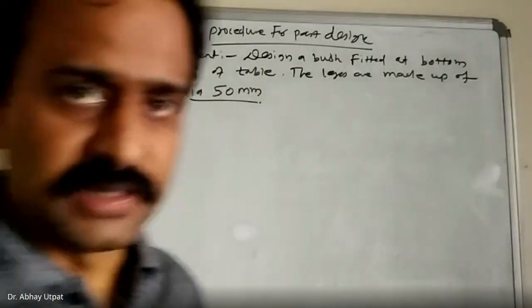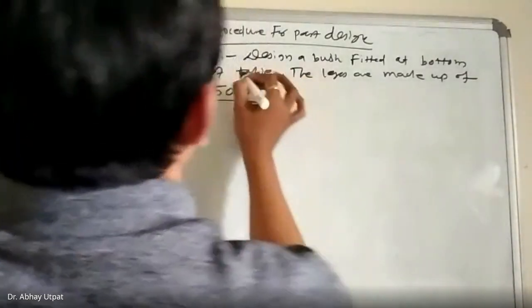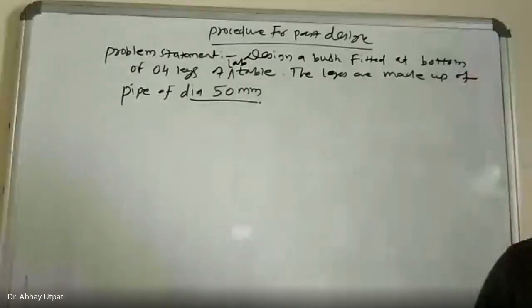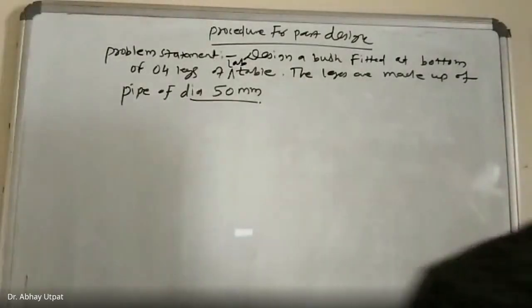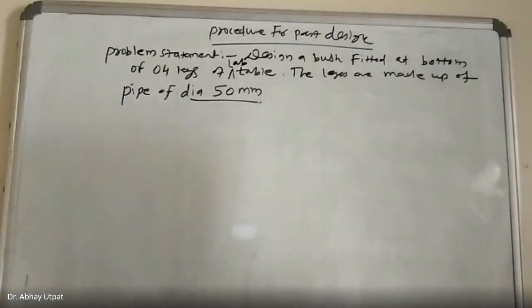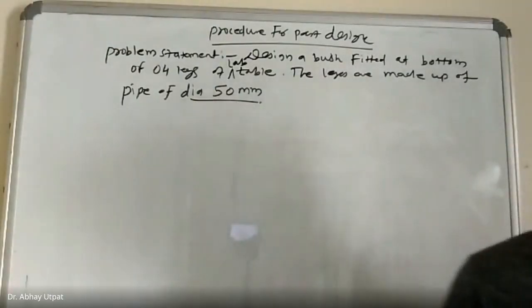Bushes are fitted to avoid skidding. You can say laboratory table. Assume the suitable data wherever required.